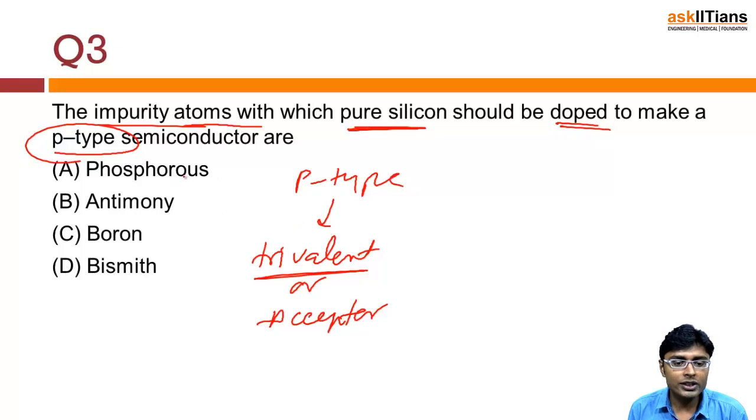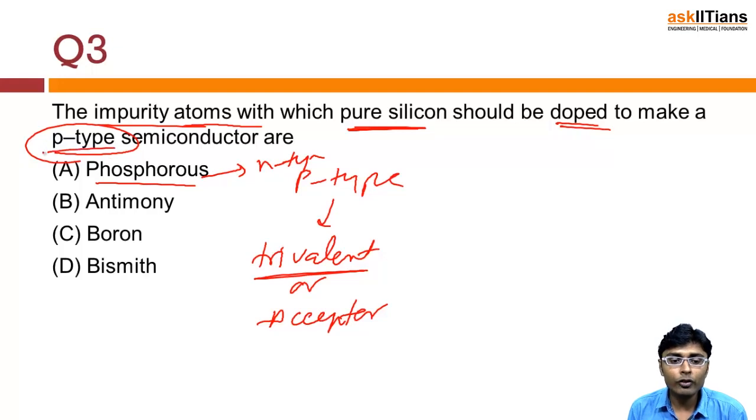Okay. So if we see from the options, option A, phosphorus. Phosphorus is a pentavalent type of impurity. That means it will not be useful for making P type, but it will be useful for making N type.